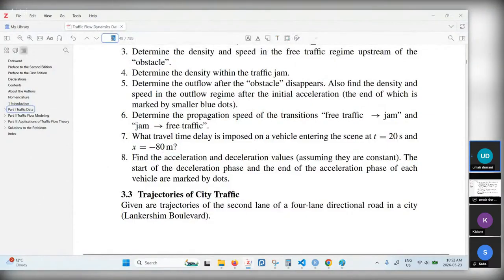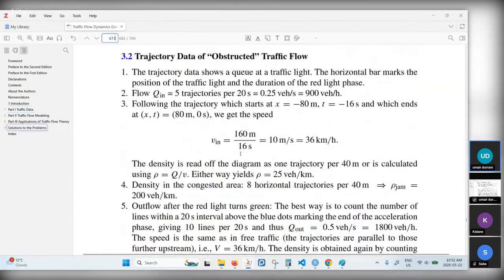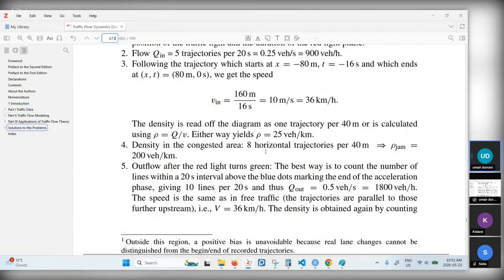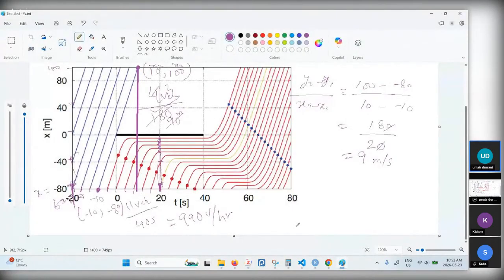That's the solution here, 6.73. Density in the congested area is 8 horizontal trajectories per 40 meters. So they've only considered 40 meters. They haven't considered the 80 meters that I did, and they're saying there are eight horizontal trajectories.